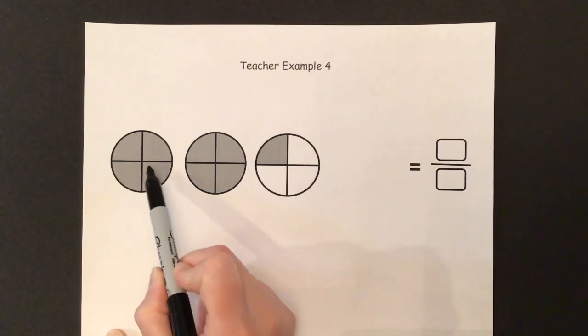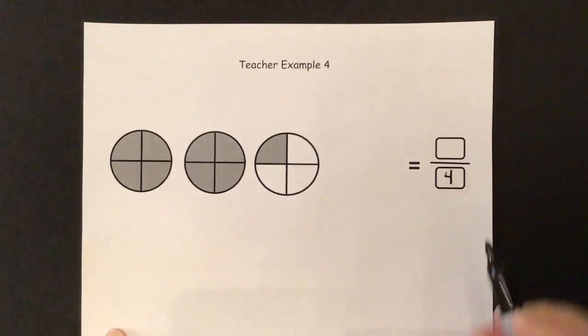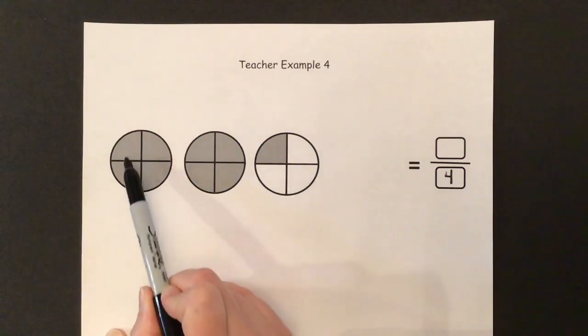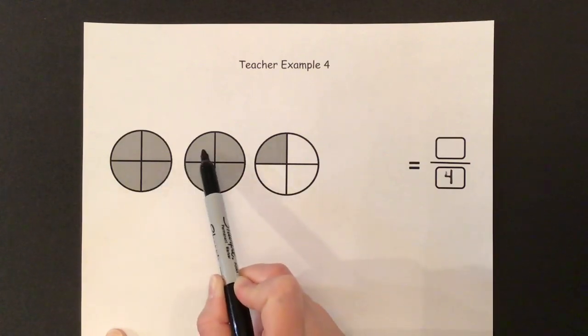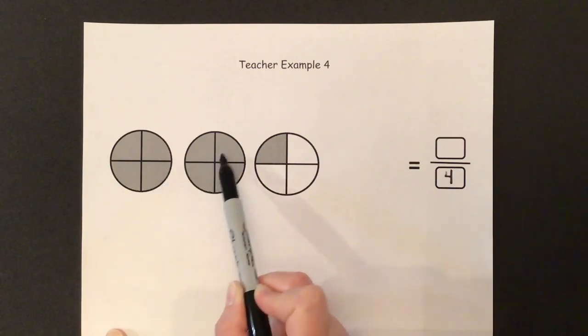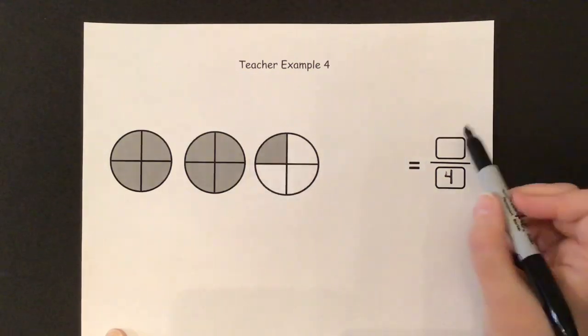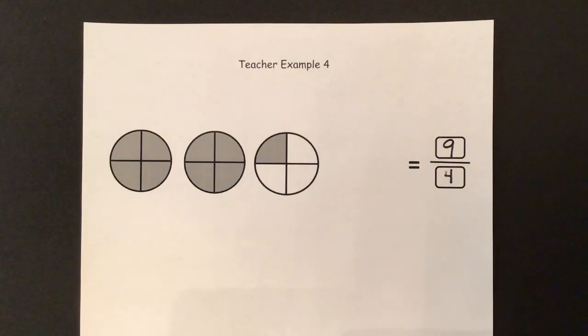So 1, 2, 3, 4. These are fourths. And then we'll go ahead and count those fourths to get our numerator. So 1/4, 2/4, 3/4, 4/4, 5/4, 6/4, 7/4, 8/4, 9/4. So my numerator is a 9, 9/4.